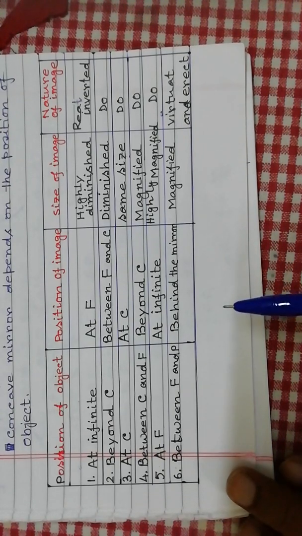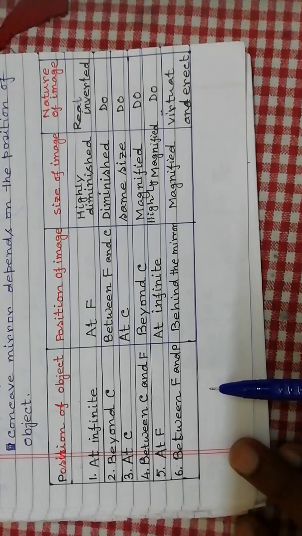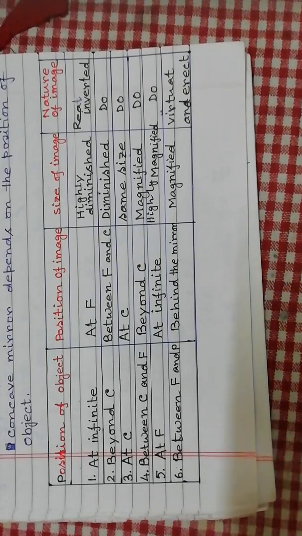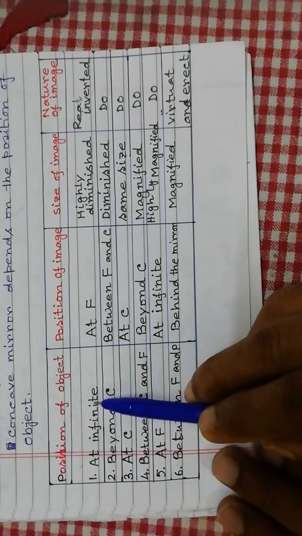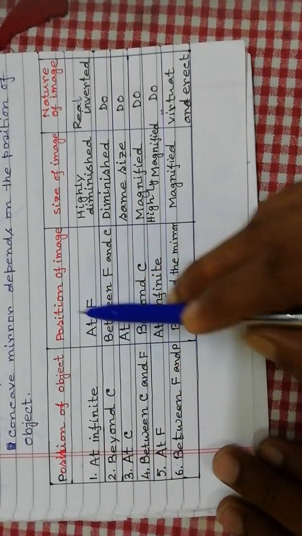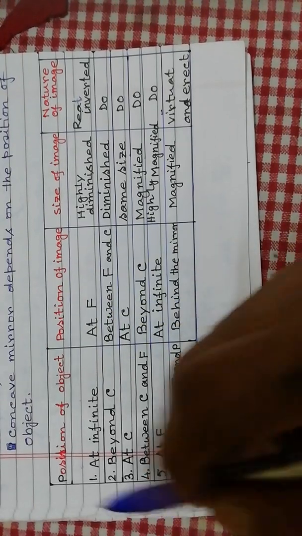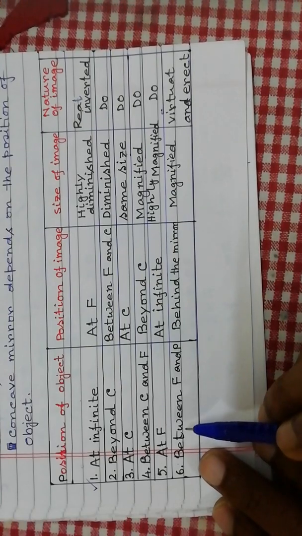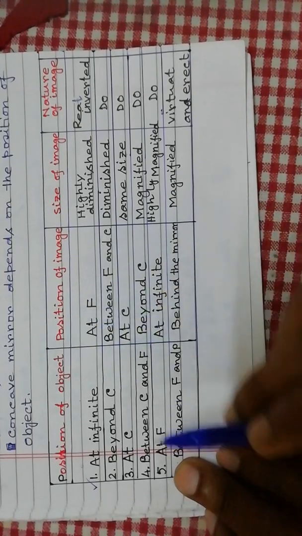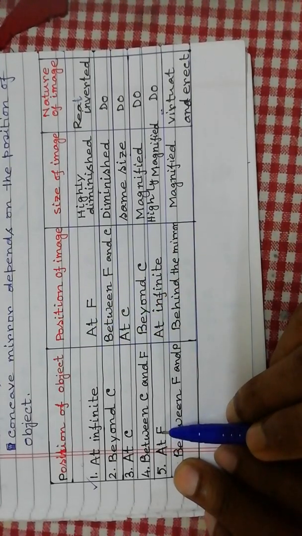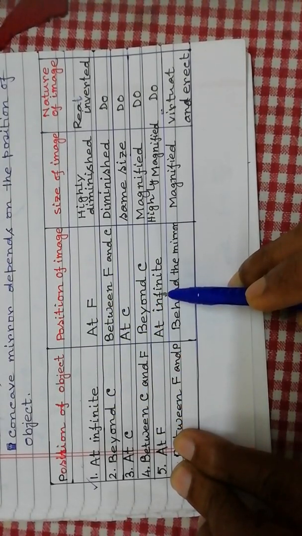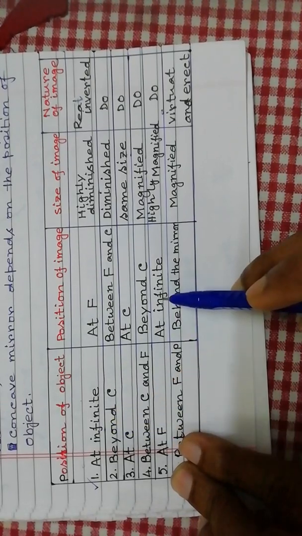Another interesting point is that the position of the image and the position of the object are interchanged. Here, object at infinity, image at focus. Now consider the object at focus, then the image is at infinity, or vice versa.